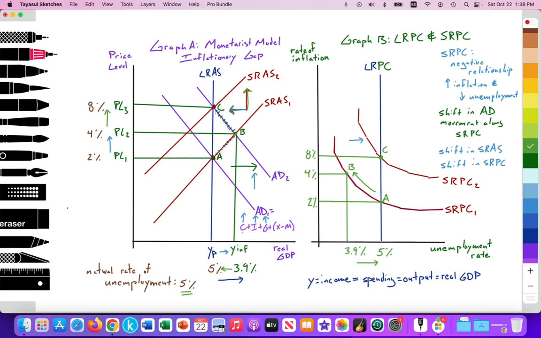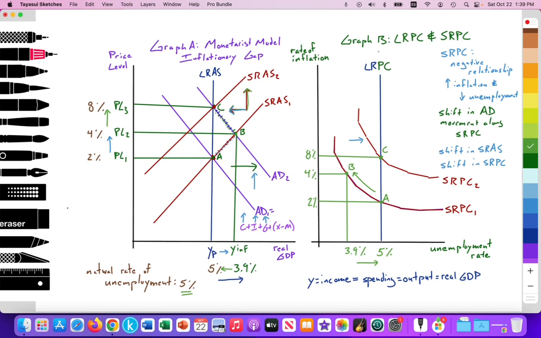Lower interest rates cause households and firms to borrow and spend into the economy, along with increased government spending. That causes aggregate demand to shift out from AD1 to AD2. That establishes a new equilibrium where AD2 equals SRAS1 at point B, establishing a new price level at PL2 and real GDP increasing from YP to Y inflation.